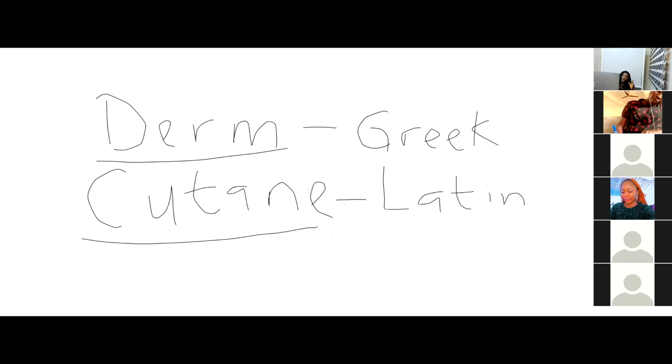When we add other words to it, we will learn that under combining forms. We've learned the origin of these two words: one is Greek and one is Latin. So most of the words in the medical field have their origin from these two languages, Greek and Latin.